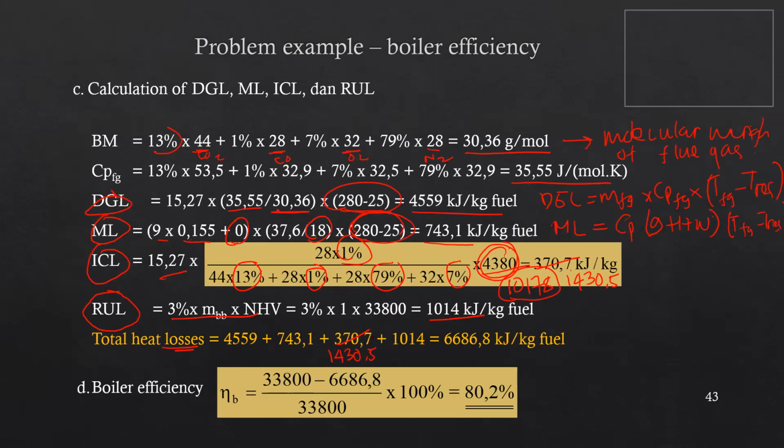Plus 743.1 plus 1,430.5 plus 1,040. Then we have 7,746.6.